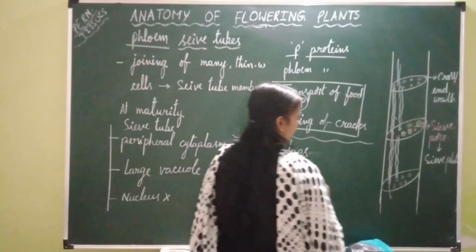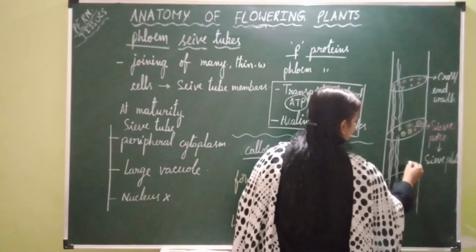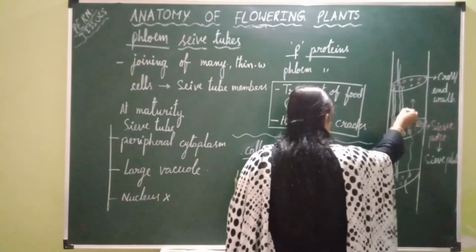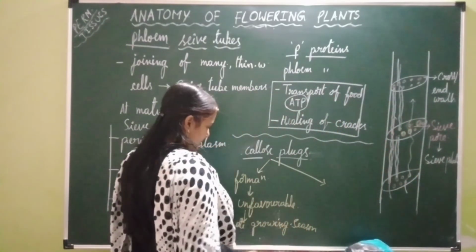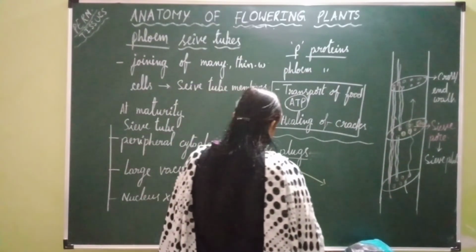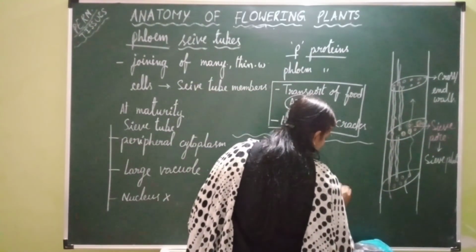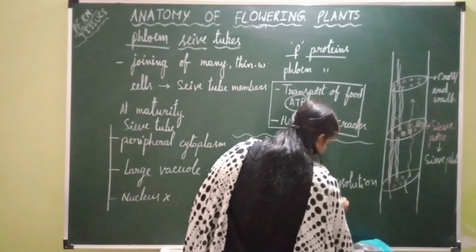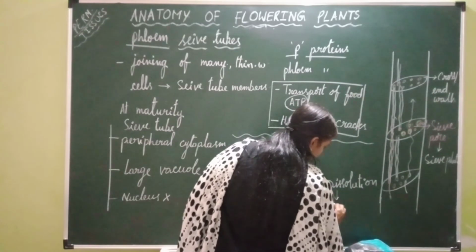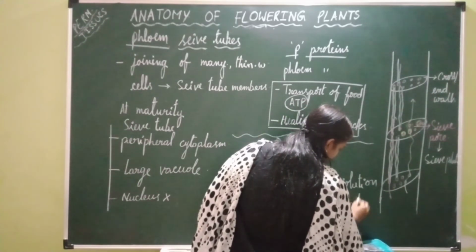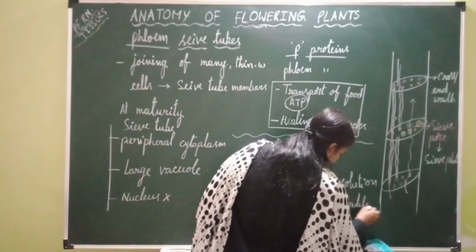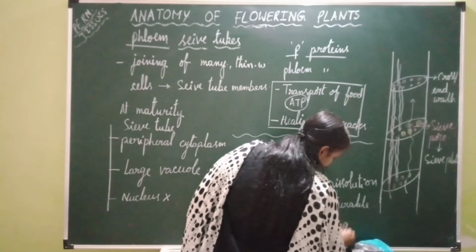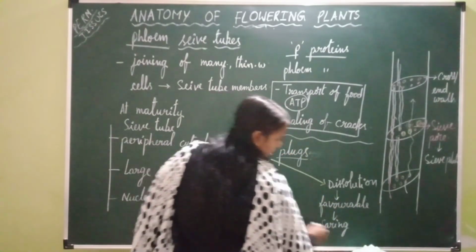When the pores get opened, transport of food will take place through these sieve tubes from one sieve member to another. So dissolution of callose plugs is taking place during favorable conditions. Favorable conditions are nothing but the growing season. What is that season? Spring season or growing season.